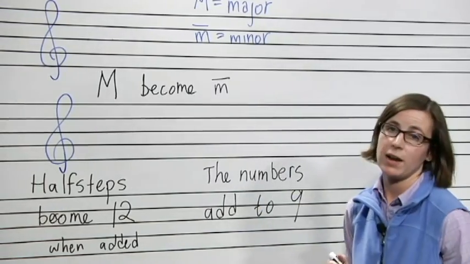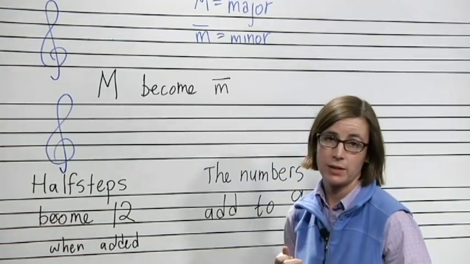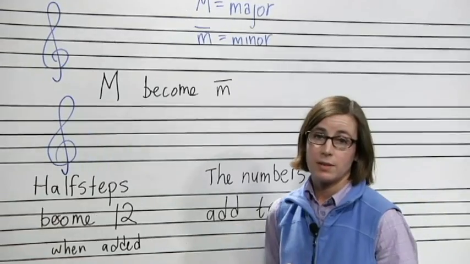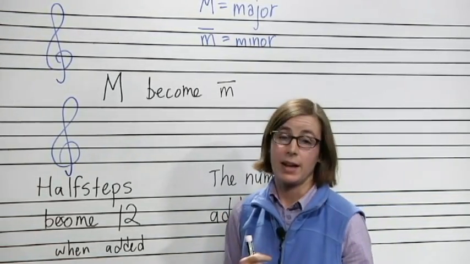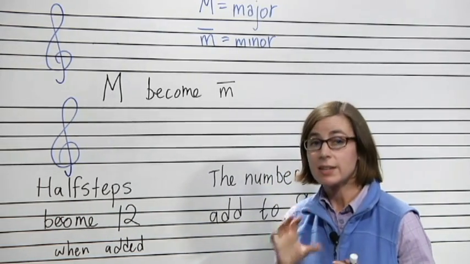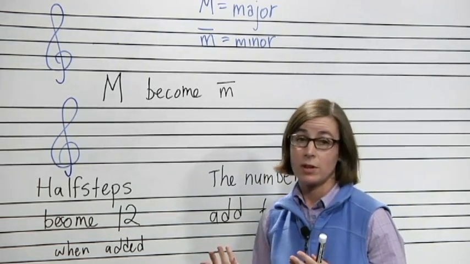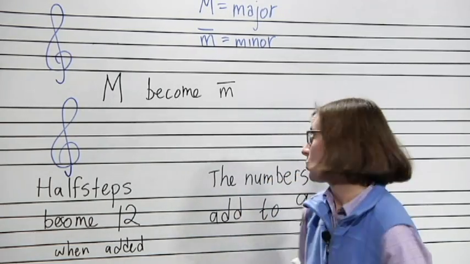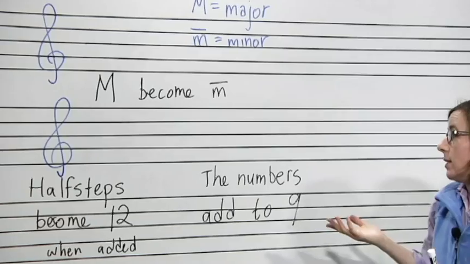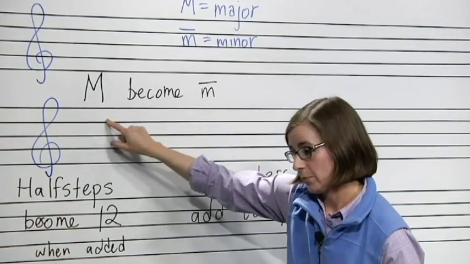So if you have 4 half steps in your major third, and then you invert it, well, 12 minus 4 is 8, so that other interval is going to have 8 half steps. If you have an interval with 6 half steps, it's going to invert and become an interval that also has 6 half steps. The half steps always add up to 12, the numbers add up to 9, and these two are going to flip.